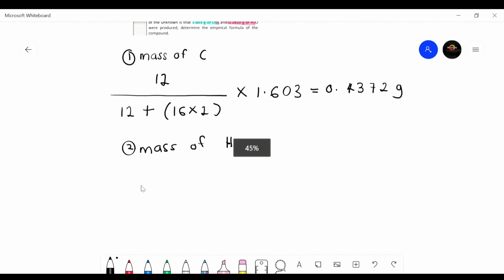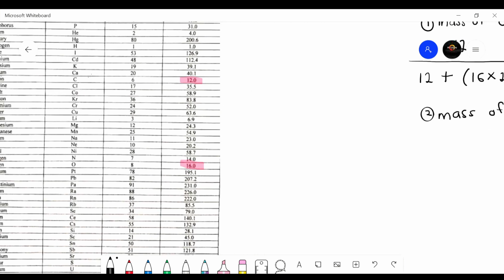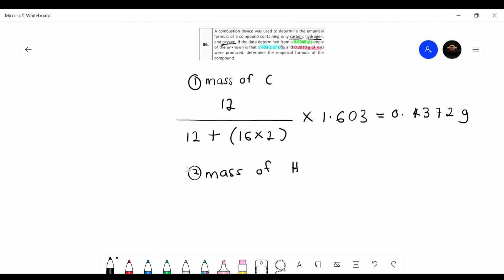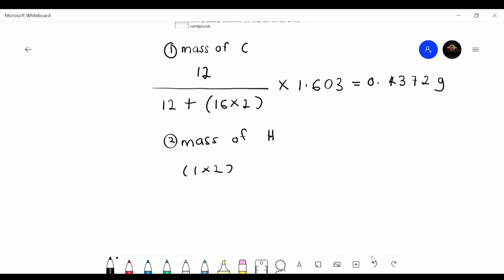The constant value for hydrogen is 1, but because of 2 moles of hydrogen, we need to multiply it with 2, and then divide it with the molar mass of water, H2O. So 2 plus 16, the molar mass of oxygen, sorry.